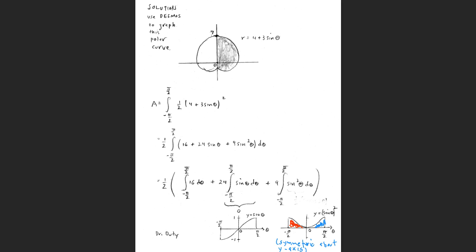So I could express this integral as 2 times the integral from 0 to pi over 2. Hold on. I can do better.